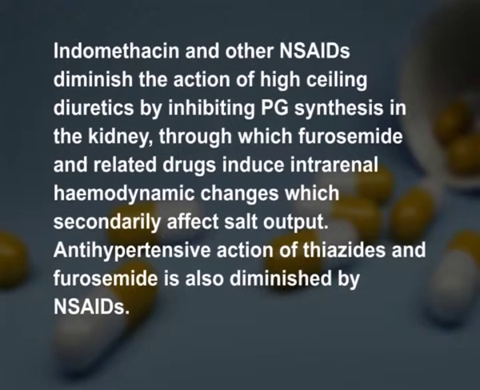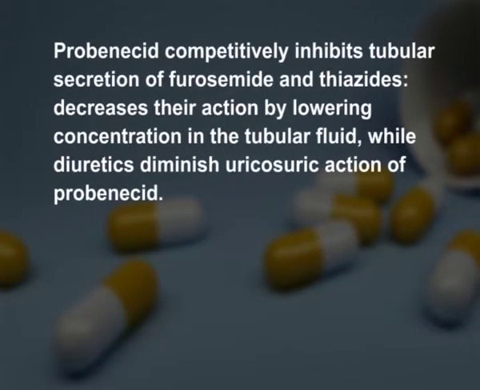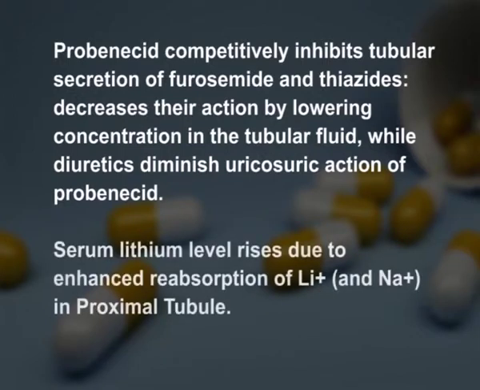Antihypertensive action of thiazide and furosemide is also diminished by NSAIDs. Sixth, probenecid competitively inhibits tubular secretion of furosemide and thiazide, decreases their action by lowering concentration in the tubular fluid, while diuretics diminish uricosuric action of probenecid. Seventh, serum lithium level rises due to enhanced reabsorption of lithium ion and sodium ion in proximal tubule.